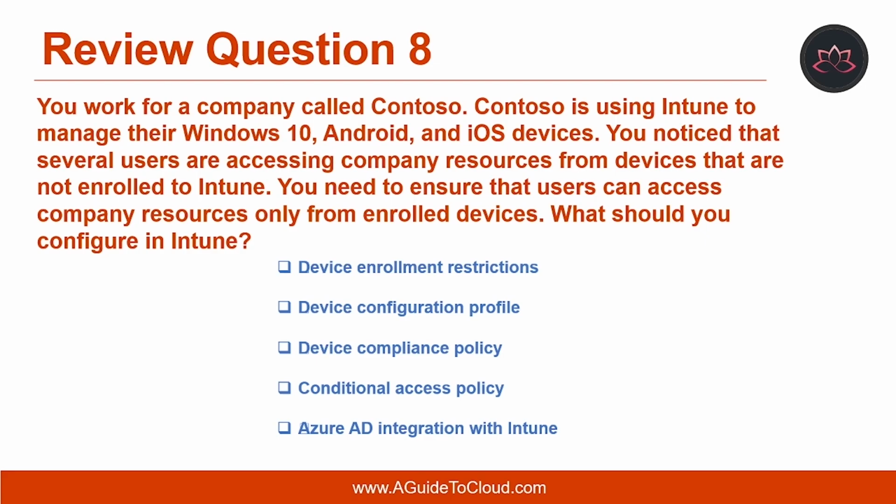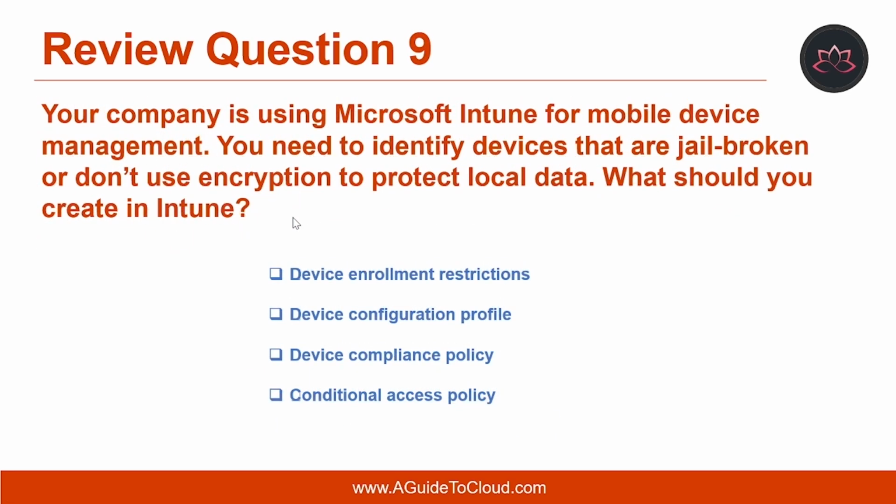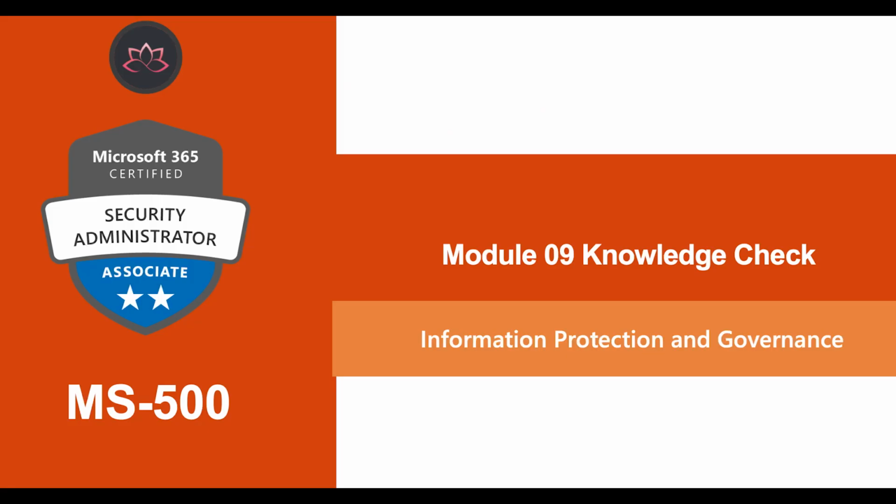What should you configure in Intune? The correct answer is conditional access policy. Let's look at the last question. Your company is using Microsoft Intune for mobile device management, and you need to identify devices that are jailbroken or don't use encryption to protect local data. What should you create in Intune? The right answer is device compliance policy.